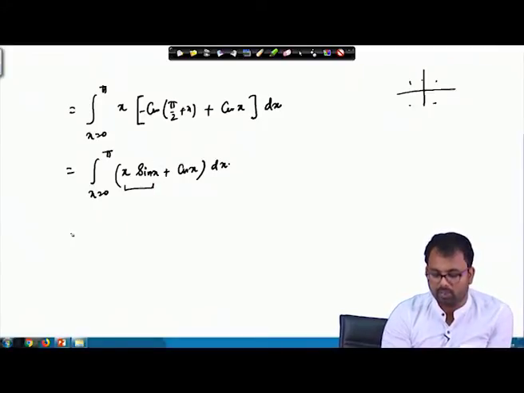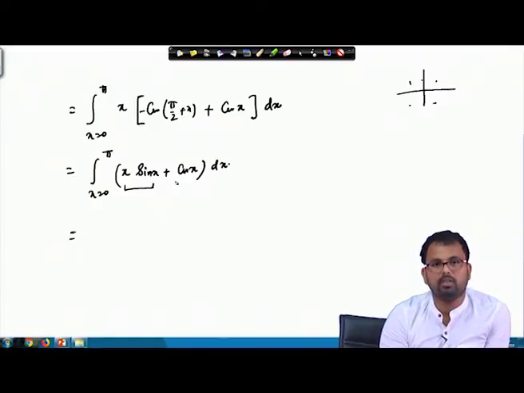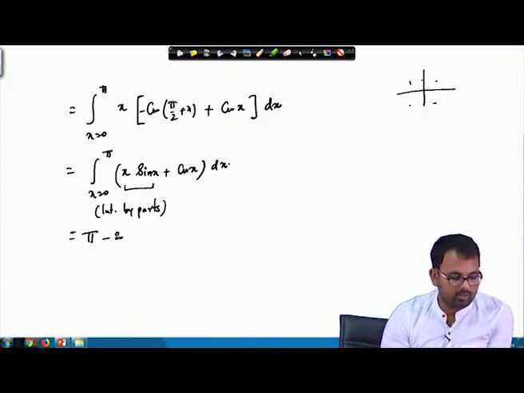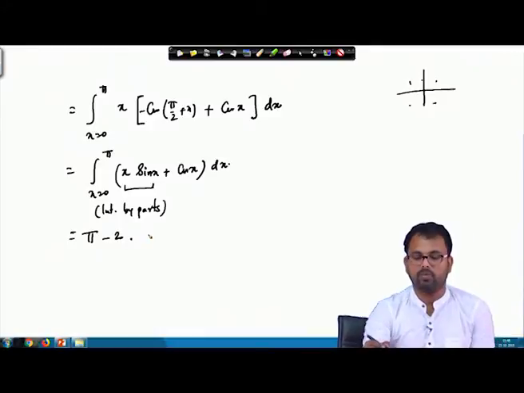I leave this part up to the students, because it is a basic trigonometrical integration which you have done at your plus 2 level. If you do the integration by parts, then ultimately you would obtain pi minus 2. So, that will be your final result.